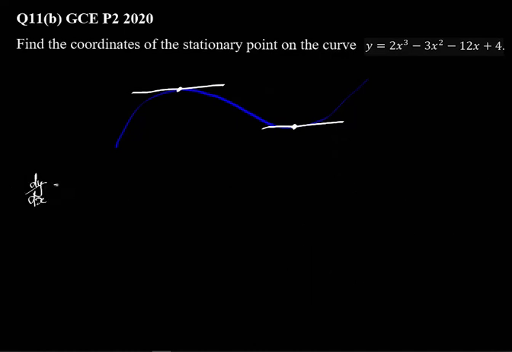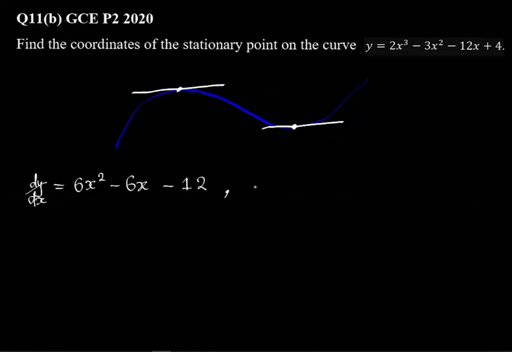dy dx is going to be equal to 3x to the power 2 minus, that should be 6. 3 multiplied by 2 gives us a 6x to the power 2, and then we have another minus 6x minus 12.